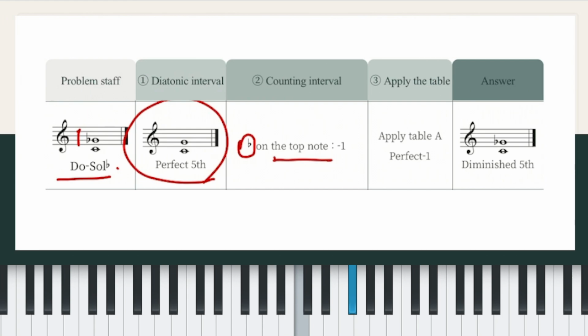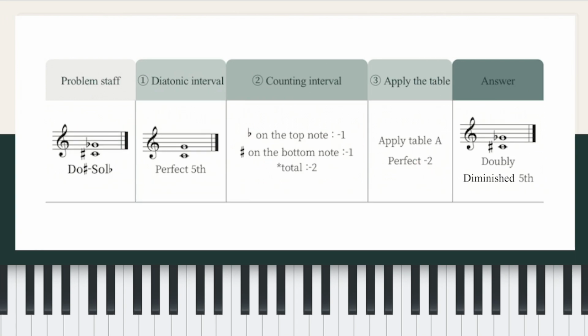It's reduced. Reduced means minus 1. So if you apply table A, perfect minus 1. So the answer is diminished fifth, do and sol flat.